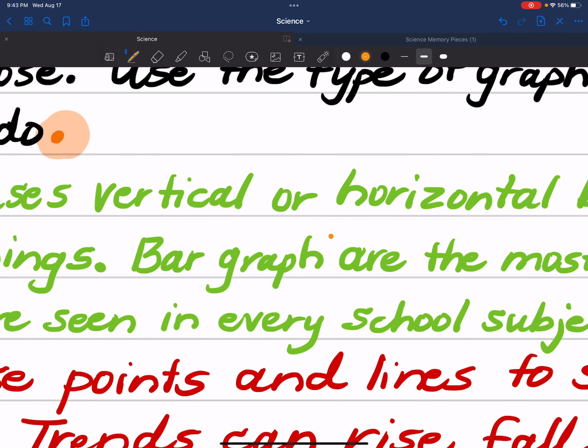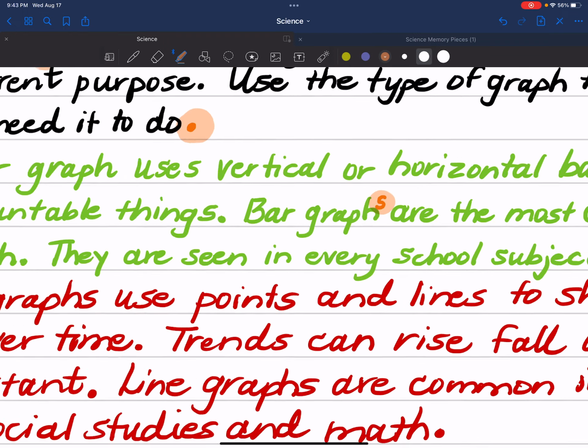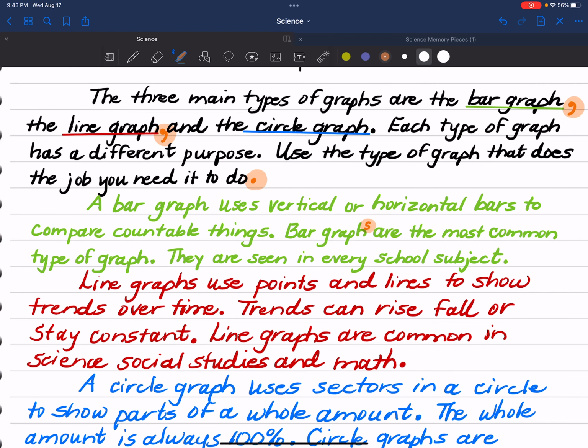Bar graphs. That should be plural because we're using the word are. Bar graphs are the most common type of graph. You don't have to erase, just write it in there, and the reader will know that's what you meant to do. They are seen in every school subject.